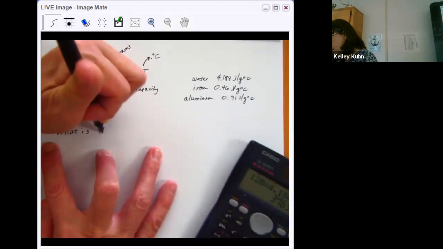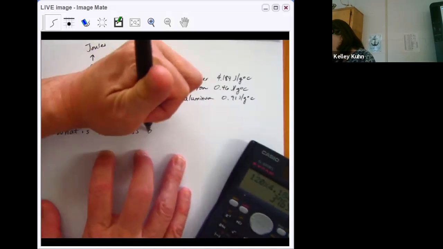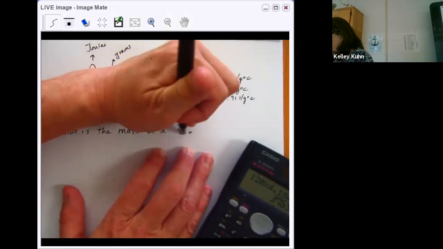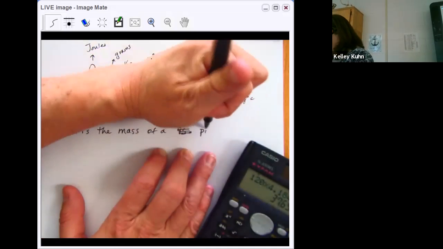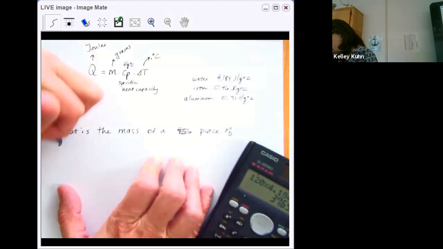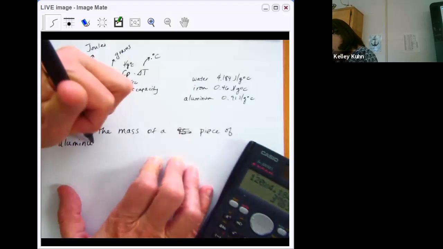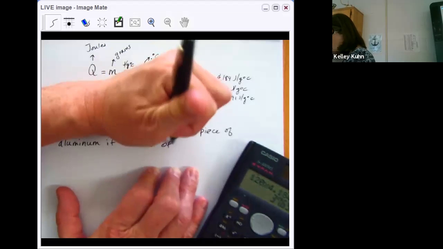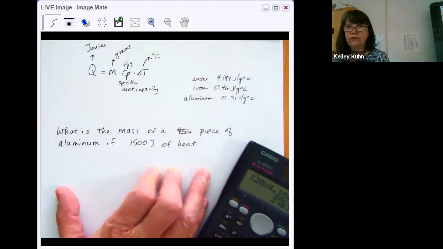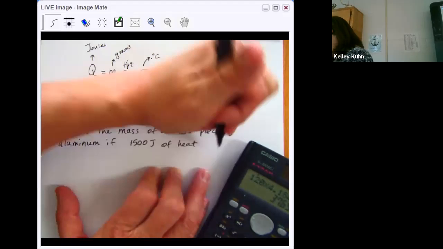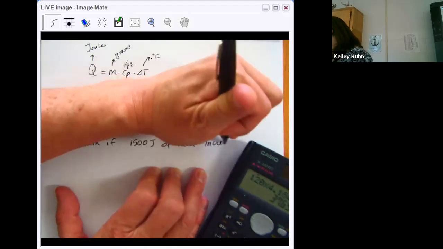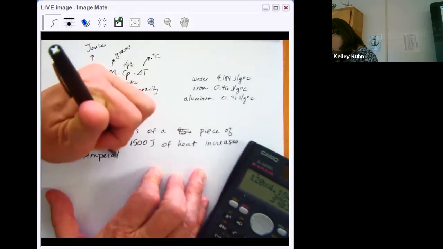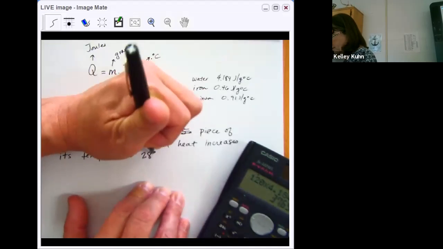What is the mass of a piece of aluminum if 1,500 joules of heat, by the way, we do use heat and energy interchangeably for joules, increases its temperature 28 degrees Celsius.